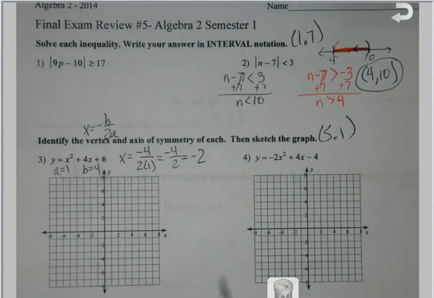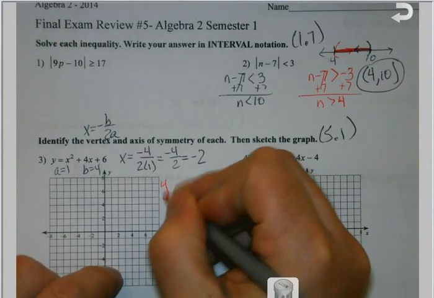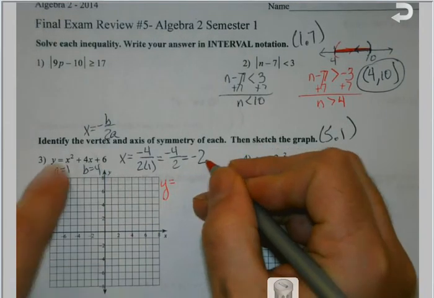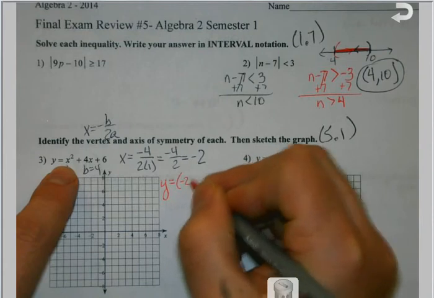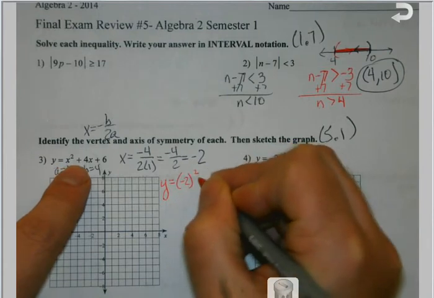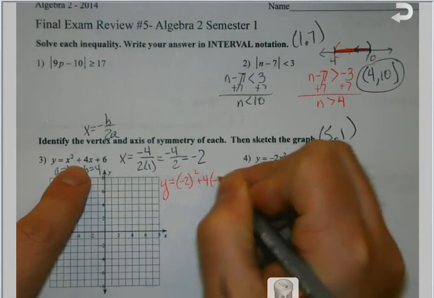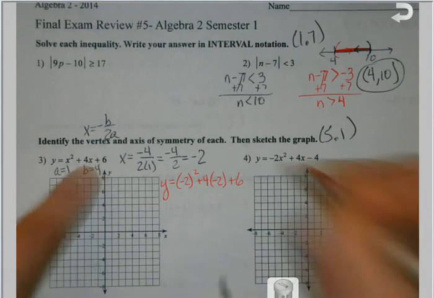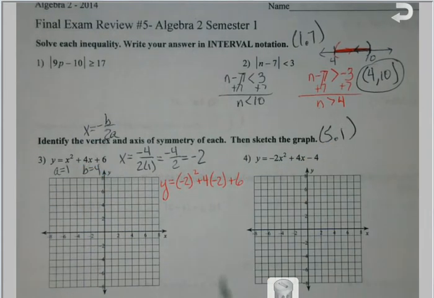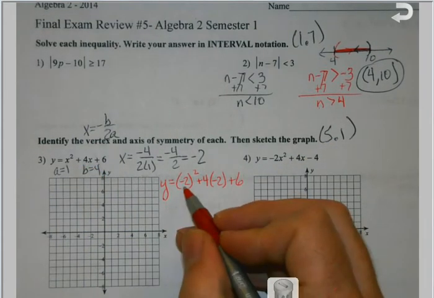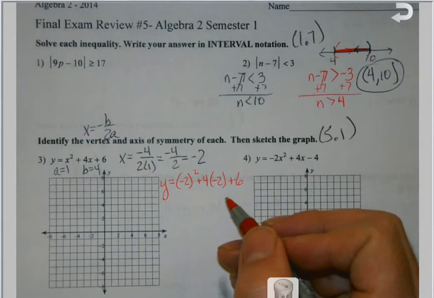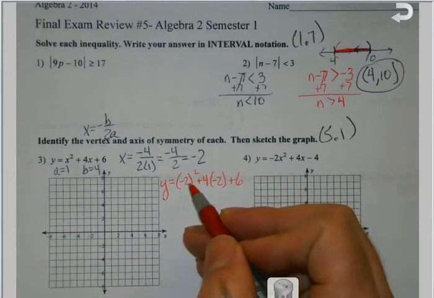And then to find y, I'm just going to plug in that negative 2 everywhere that there's an x. It replaces the x. And I want to use parentheses so I don't run into sign issues later. So I can punch this into the calculator, or I could do it individually, just kind of working it out in my head.